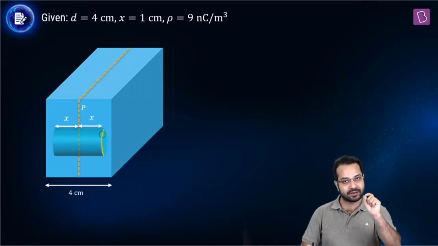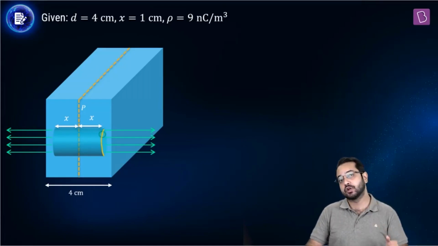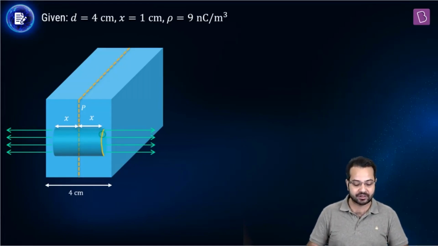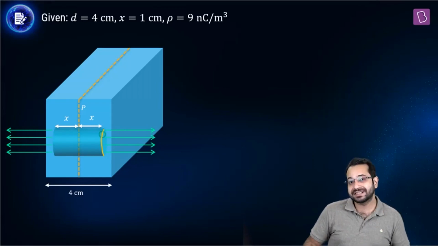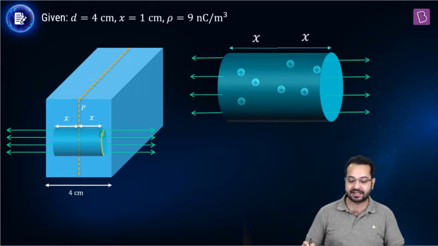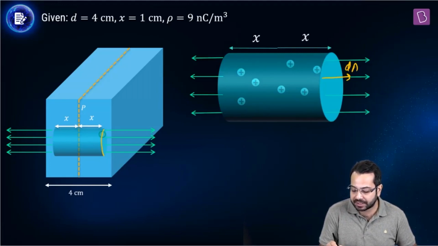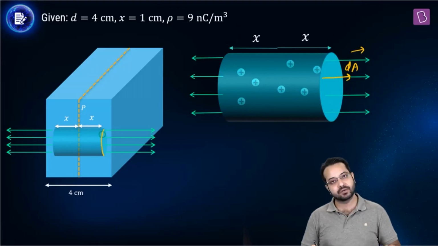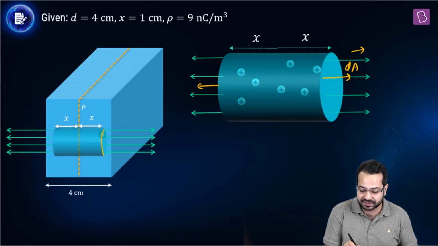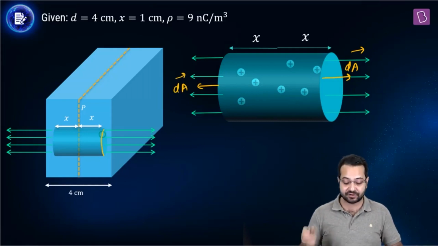All right, so we have already established that the electric field is going to be perpendicular to the charge distribution. So the electric field is going to be something like this. Now why is this Gaussian surface useful? Let's analyze that. If we talk about this surface, the area vector is going to be like this, which is making 0 degree with the electric field. This surface, the area vector is going to be like this, which is again making 0 degree with the electric field.